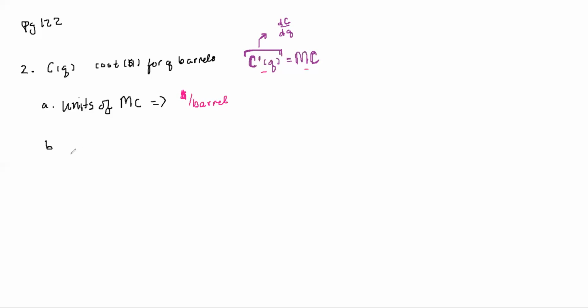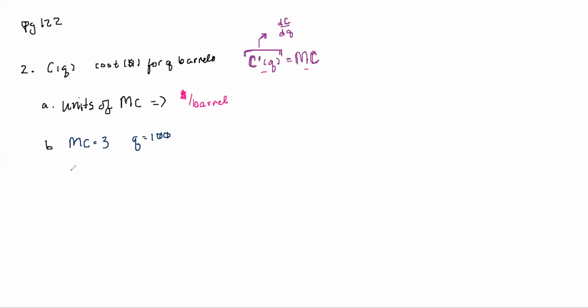So B, what is the practical meaning of the statement MC equals 3 for Q equals 100? What do you guys think about that? I'm just going to write this in a statement form that I'm a little more familiar with. I don't usually use marginal cost as MC.